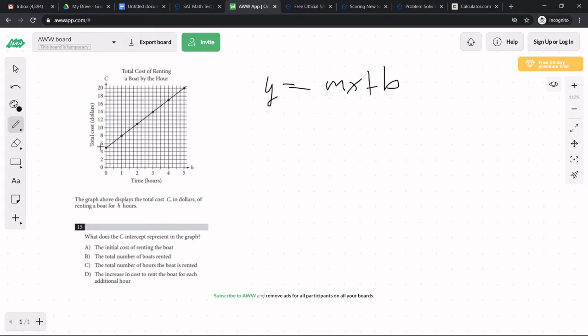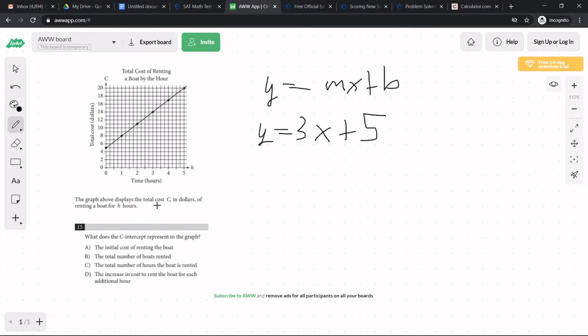So we know that the b is going to be 5 because that's the y-intercept. Just leave space for the slope. And then we know it goes from 5 to 8 in 1 hour, and then from 8 to 11 goes up 3 every hour. So that's the slope, 3x.